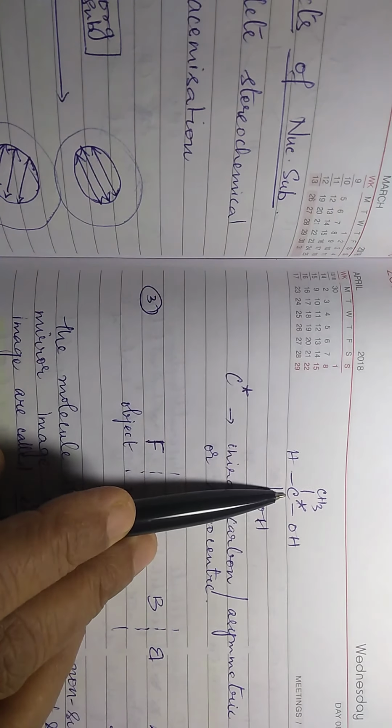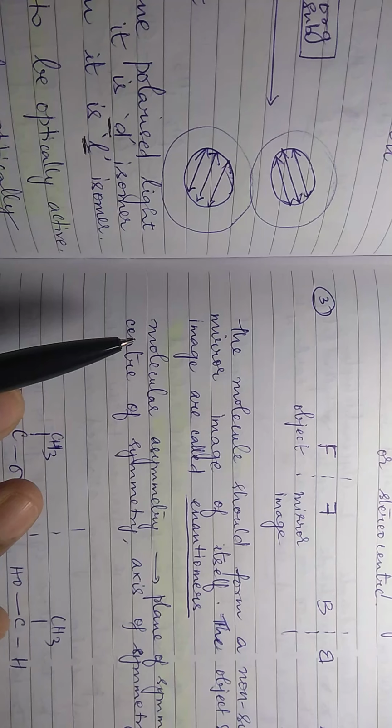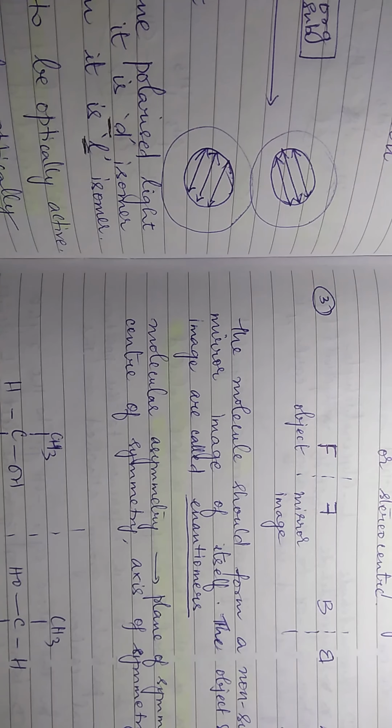Now, number 3, the molecule should form a non-superimposable mirror image of itself. This is another condition. That is, the molecule, say for example F, if you show it on the mirror, it will appear like this.